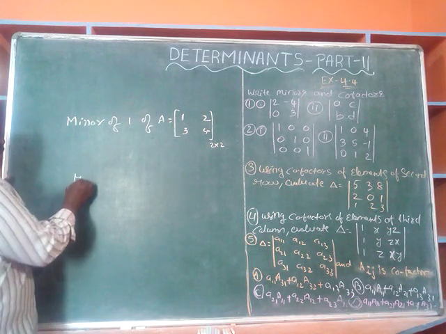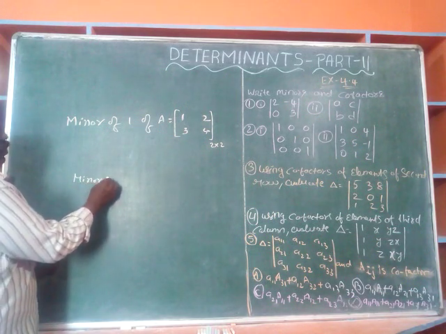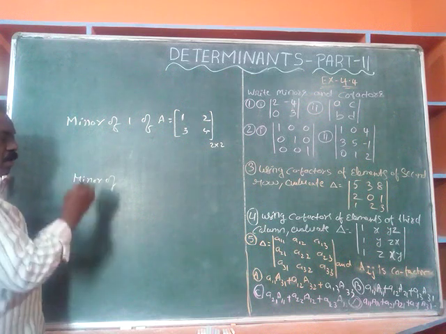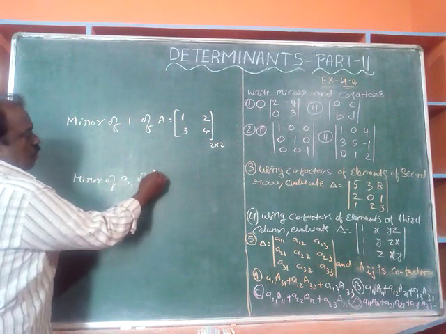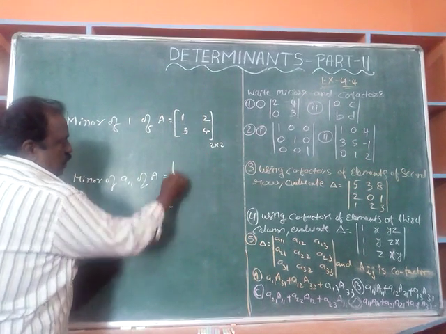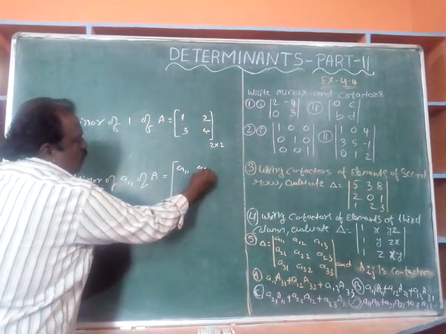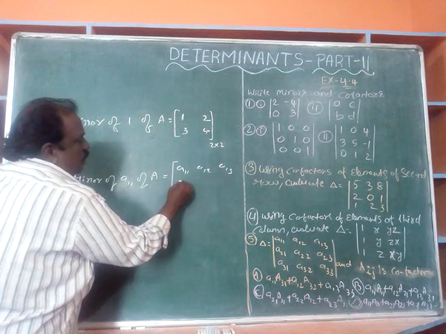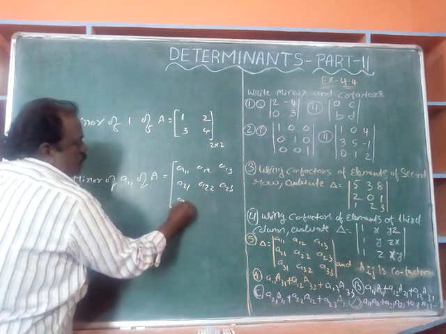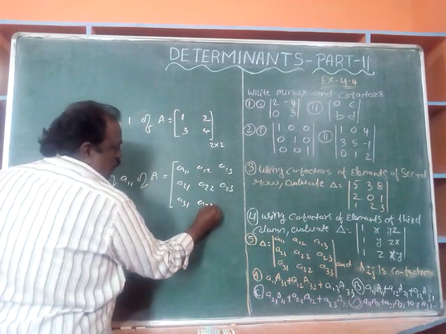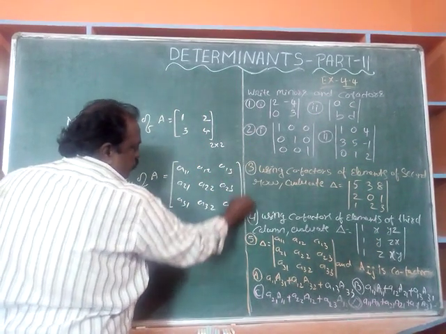Actually, the minor of any element, say A11 of the matrix capital A, which is A11, A12, A13, A21, A22, A23, A31, A32, A33.